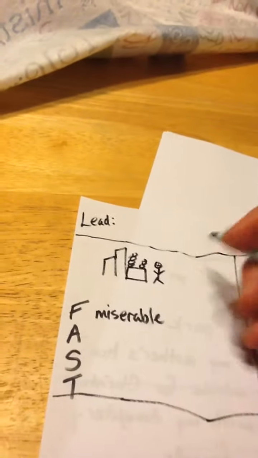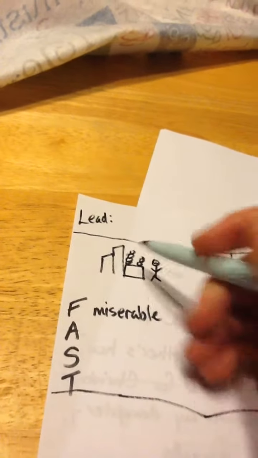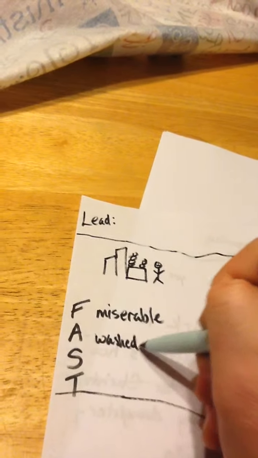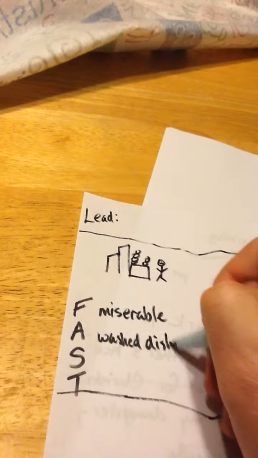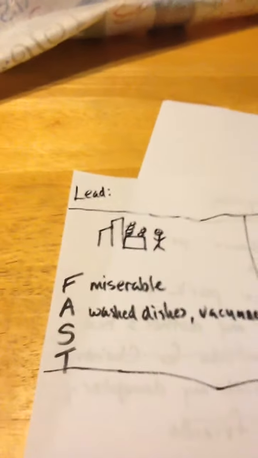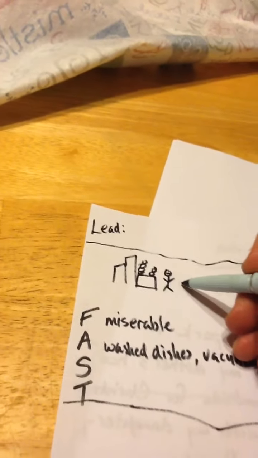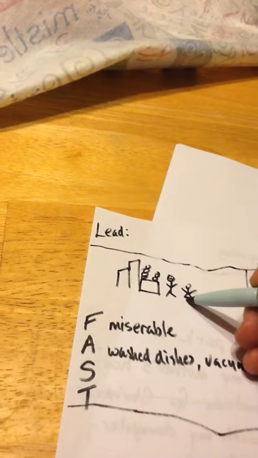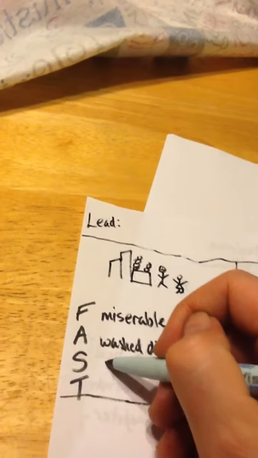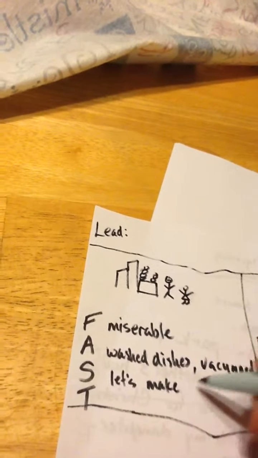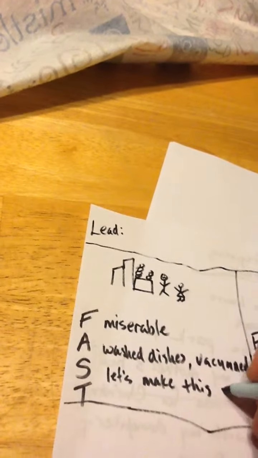Some of the actions are, I washed dishes, vacuumed, those kinds of things. Some things that I said were, I told my daughter, she was there, let's make this a game.